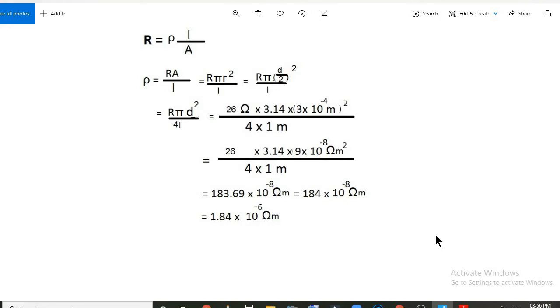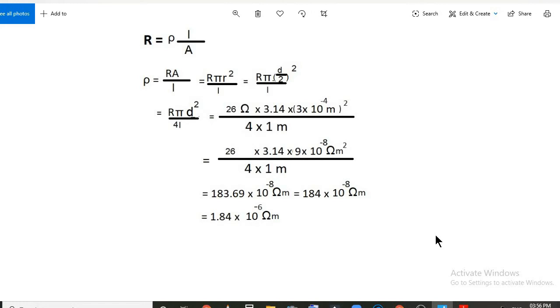Thus, rho is equal to RA by L. Instead of A, we can write pi r square. Thus, R pi r square divided by L. Instead of radius, which is half of diameter, we will write d by 2. Thus, r square is d by 2 all square.